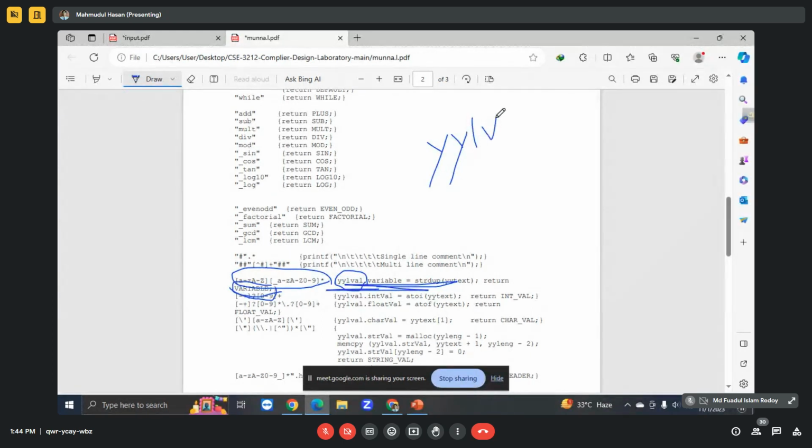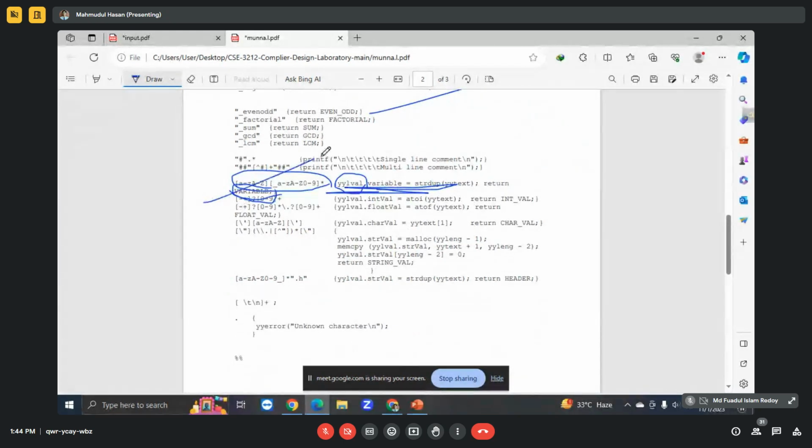So in Flex, yylval is a global variable, which is used to store the attribute value of the token. As an identifier is not fixed, I need to return two things: token name and attribute value.